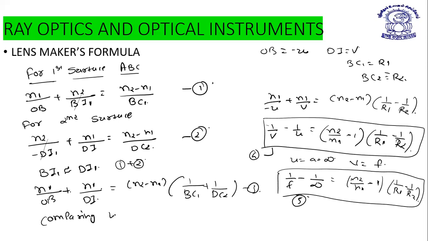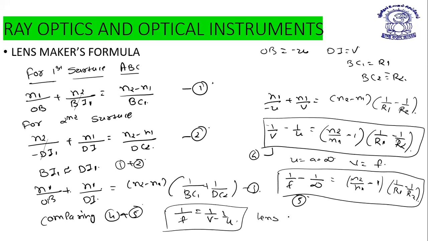Comparing 4 and 5, we can also write 1 by f is equal to 1 by v minus 1 by u. This is the lens formula for thin lenses. And this is called lens maker's formula.